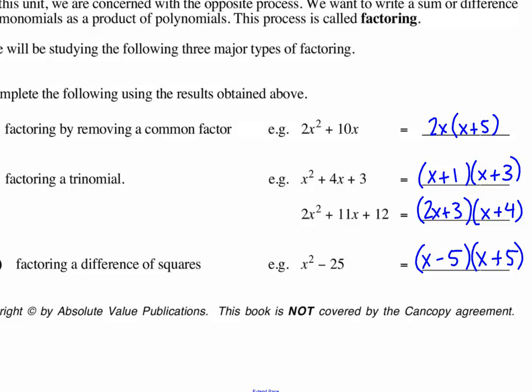Okay, so what we're going to do is this is going to be today's lesson, the first example. That's what we're going to do today, which is Wednesday. Okay, we're going to spend Thursday, Friday, and Monday on factoring, so turning x squared plus 4x plus 3 into that product, those two types.